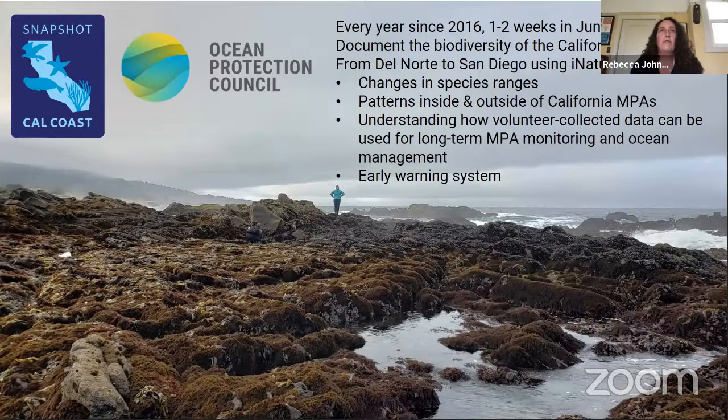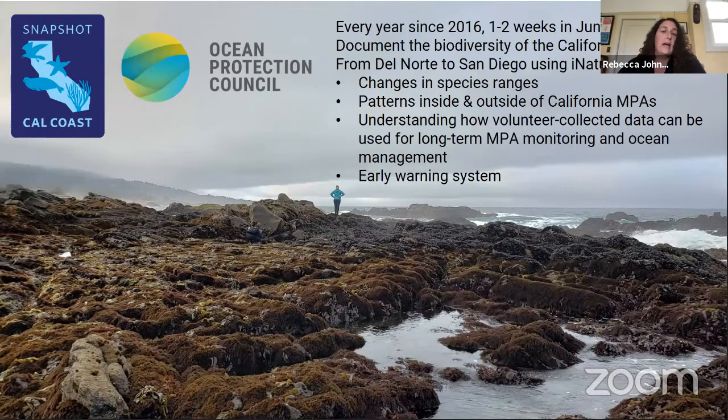And we dreamed up, together with the Resources Legacy Fund, who are the initial supporters of this project, Snapshot Cal Coast, which is a way to mobilize volunteers up and down the California coast at one point in time.